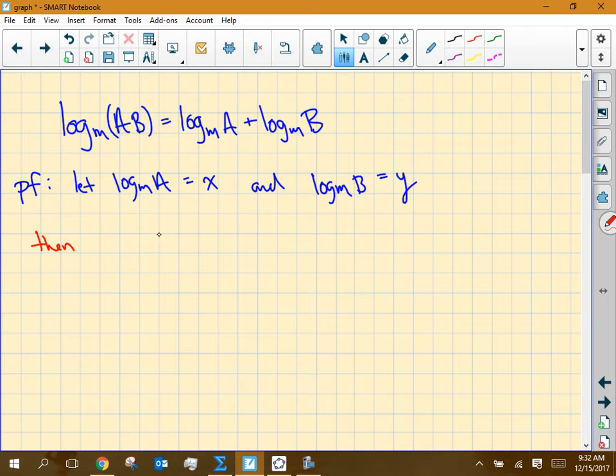If I do that, would you guys agree that if I take this logarithm here, I'm allowed to rewrite it in exponential form? I'm allowed to take the base M, raise it to the exponent of X, and that should spit back A to me. Do you guys agree with that?